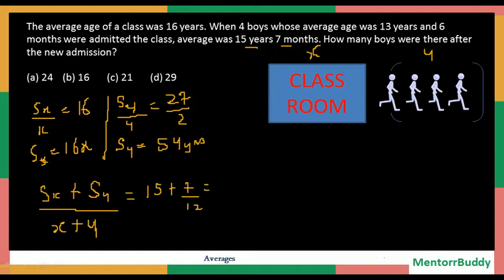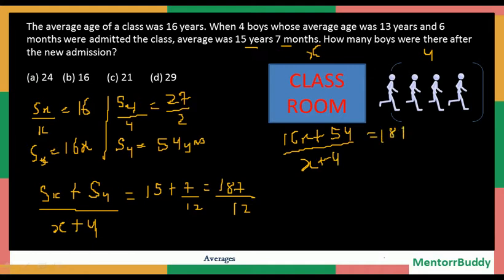Solving this further can be written as 187 by 12. Now solving this equation, summation of the ages of the X people was 16X plus summation of the ages of the new 4 people was 54 divided by X plus 4 is equal to 187 by 12.